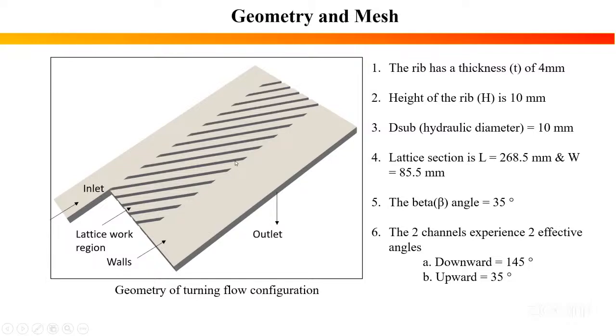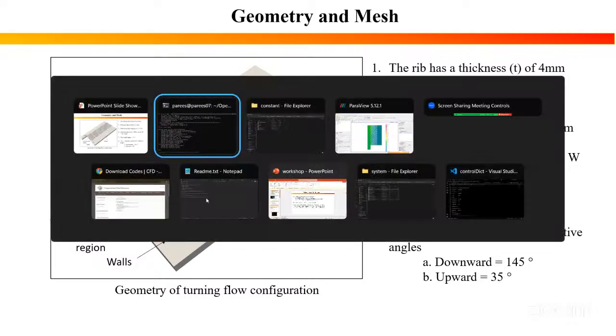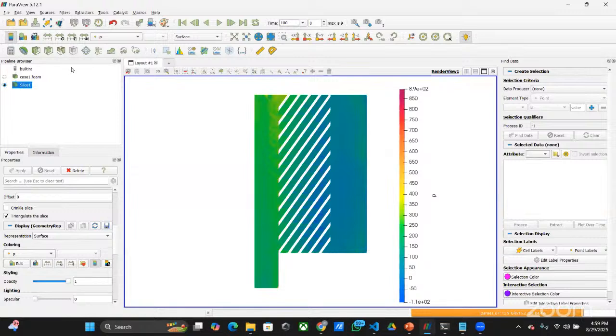This angle is 35 degrees, and the channels are experiencing two angles in the inlet velocity. I'll show you what those are. For the downward flow, the angle is 145, and for the upward flow, the angle is 135. So let me show you.